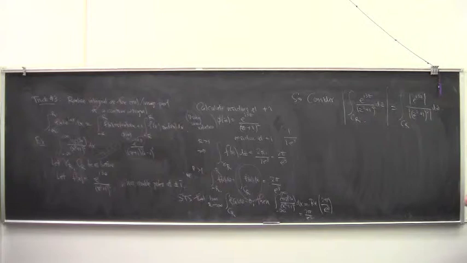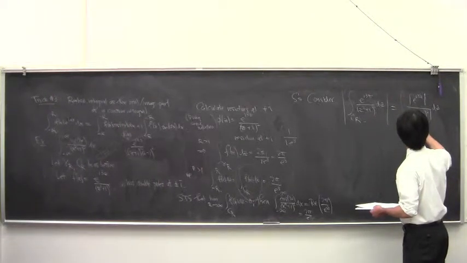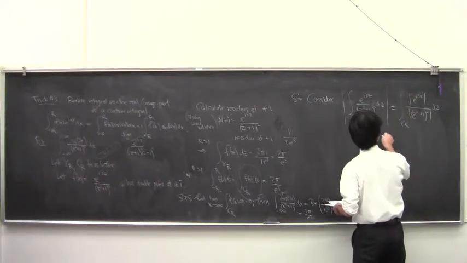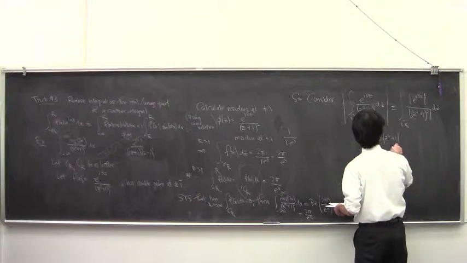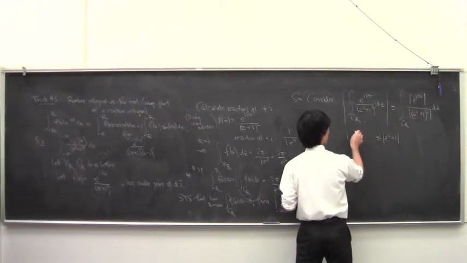What kind of bounds are we going to get? Well, for the bottom part, what do we know? The modulus of z squared plus 1 is greater than or equal to, we're going to play the same trick that we always do, the reverse triangle inequality.